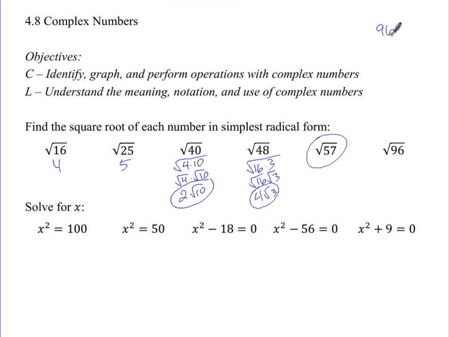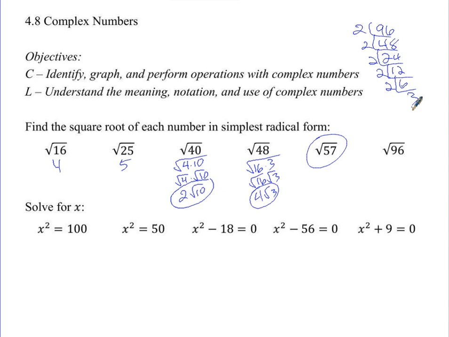You're always welcome to go back to this method right here of factoring it completely. So the smallest prime number that goes into 96 is 2. 2 times what gives me 96? 48. Okay, we still have a factor of 2 that goes into 48, and then another factor of 2, and then another factor of 2, so 6, and then another factor of 2 for 3.